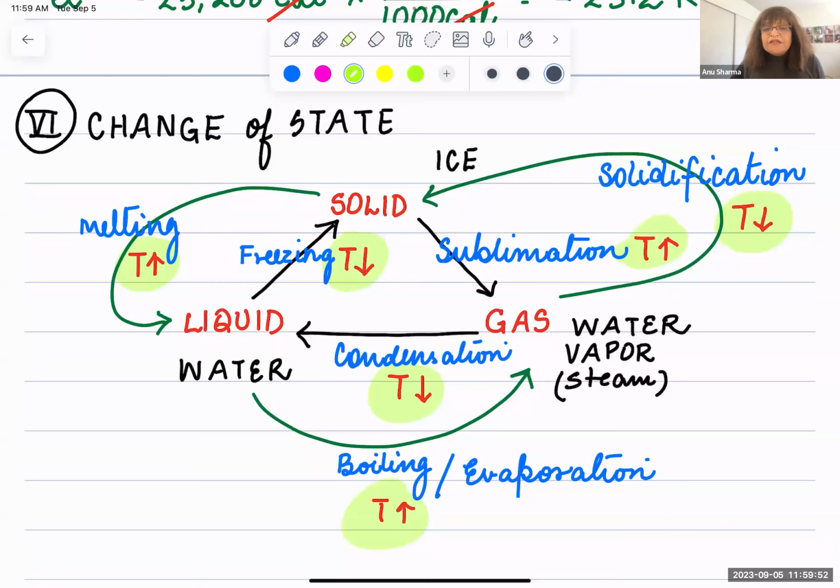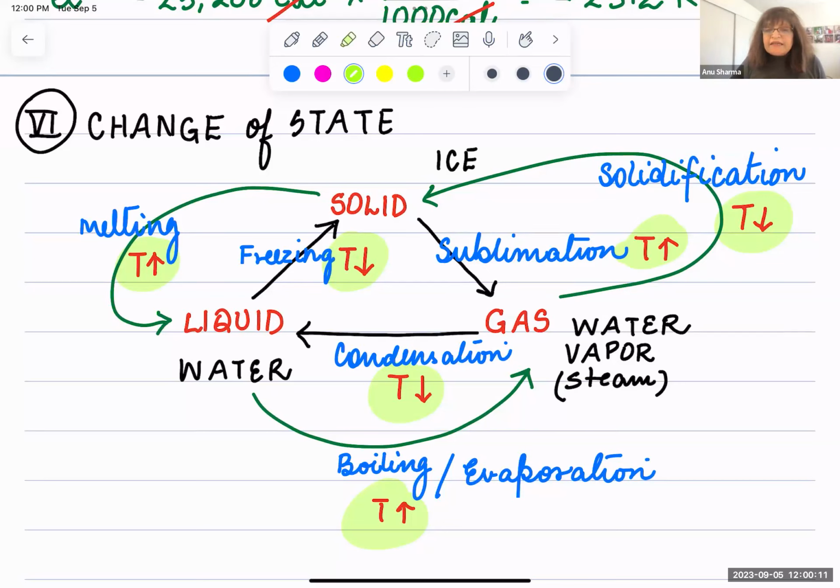The amount of temperature change shows you the amount of heat, right? So the same amount of heat is released when it gets converted from a solid to a liquid and then from liquid to a solid. The amount of heat is the same. The only difference is releasing and absorbing.